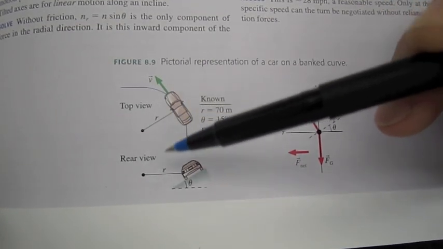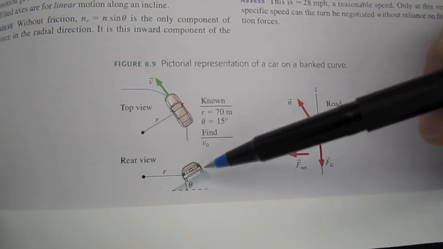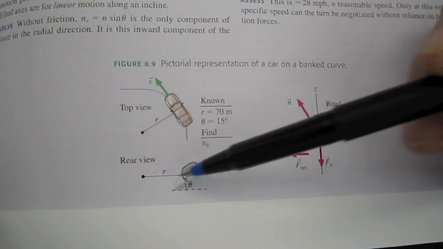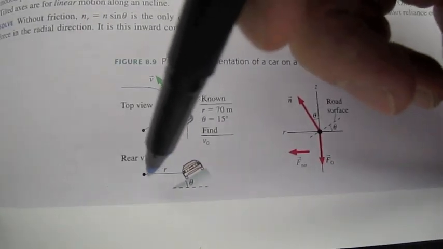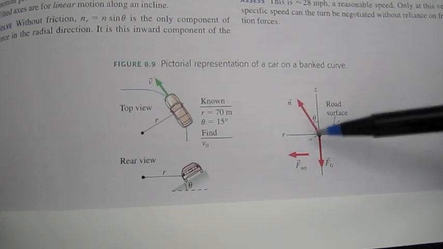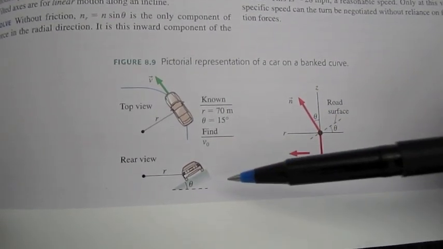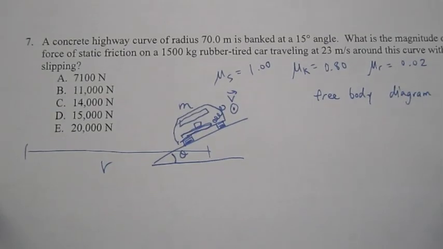There's the radius r, and the rear view shows the car from behind. Here's the banked curve, and so now it's going directly down into the page, and it's turning, and there's that radius r. And you normally draw the free body diagram in this point of view as seen from the back of the car.